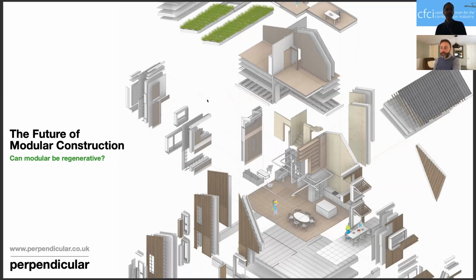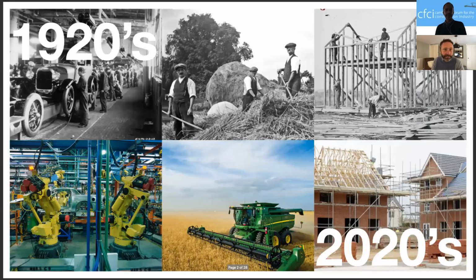And first of all, just really setting the scene. It's always good to start with this, and it really highlights where we are in the construction industry at the moment compared to some of the other industries. If you rewind 100 years and look, for example, at the automobile industry or the agricultural industry to where we are now, they've made great leaps into the future, yet we seem to be still very much stuck in the past.